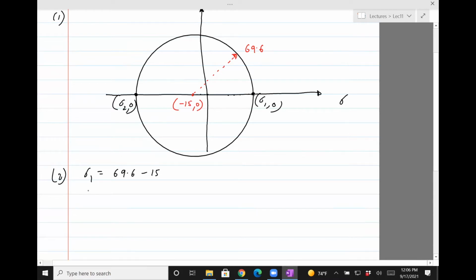And then sigma 2 is minus 69.6 minus 15.